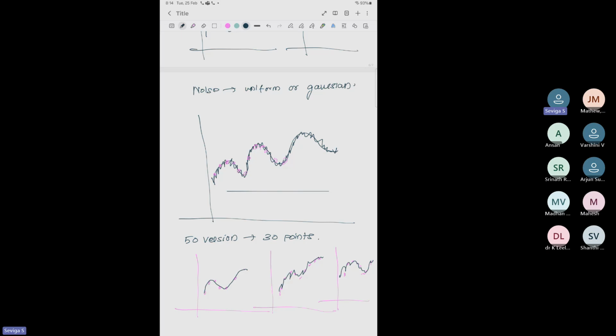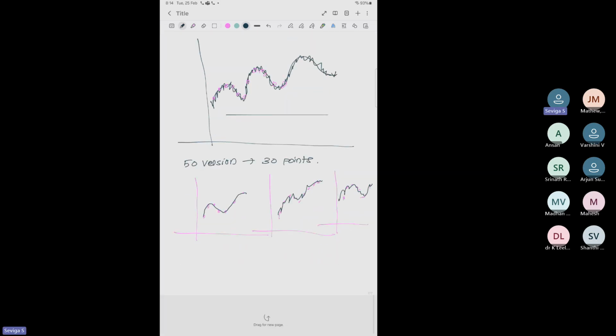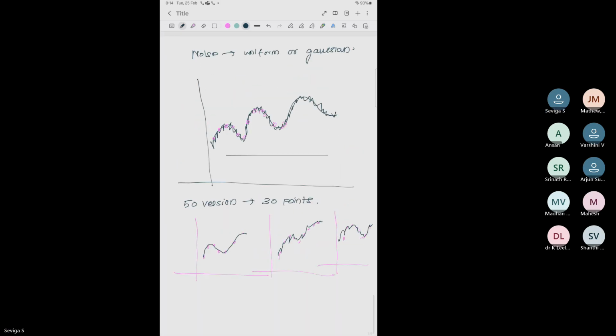Each curve has taken 30 points from the original curve. If you look at these three graphs, I'm adding an additional curve to it. These curves are not tracing through all the points, only a few points. This green curve is tracing only a few points but not following all the points. So I can tell these curves have high bias.